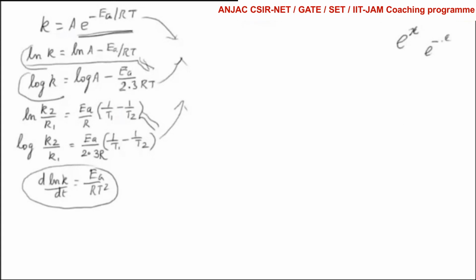For e power x, x goes from minus infinity to plus infinity. The value of e power x goes from 0 and reaches a maximum, and the increase is tremendous initially. Therefore, we call it an exponential increase. It keeps increasing like this, or I will put the graph like this.